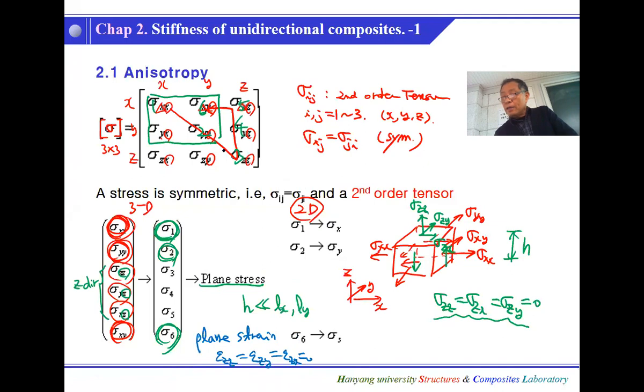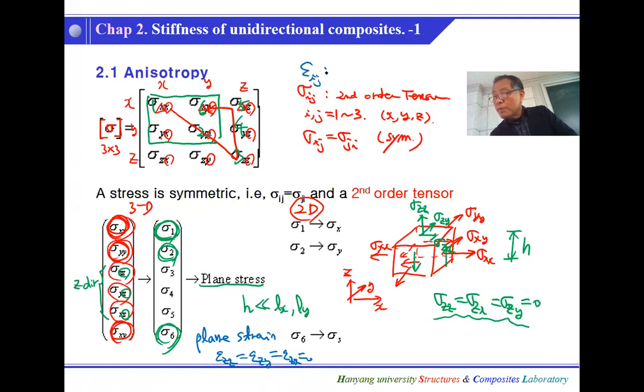Well, why are stress and strain exactly the same in terms of notation? It is simply because stress and strain are both second order tensors. Not because they have the same physical quantity, but as long as physical quantities are the same order of tensor, all the notation and mathematical transformation follow exactly the same rules.